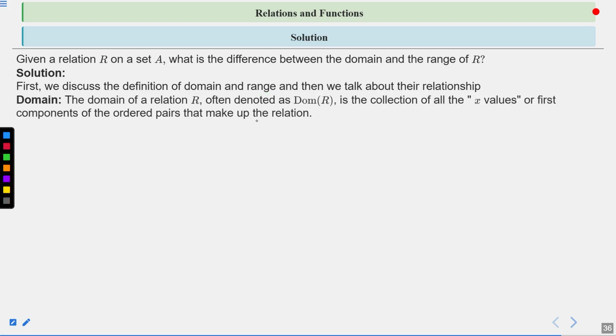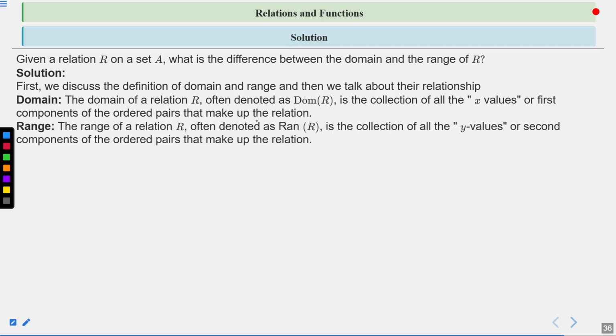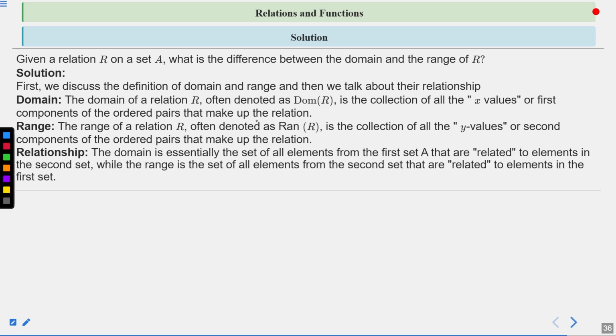The domain of any relation R is the first component, first position, first element of the ordered pair: the collection of all first elements of the ordered pairs from the relation R. And the range is the collection of all second elements of the ordered pairs from the relation R. Clear? So you just collect all the first elements, and that set will be your domain, and collect all the second elements, and that set will be your range. Simple.